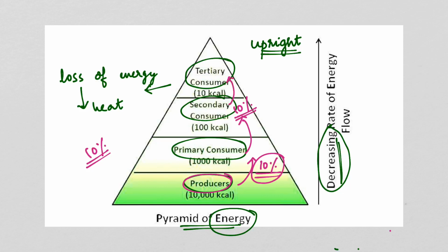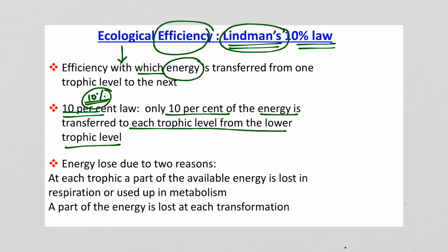Then from here only 10% by the tertiary consumer. So the ecological efficiency or Lindeman's 10% law states that only 10% of the energy is transferred to each trophic level from the previous trophic level, and this is because of the energy loss. So loss of energy at each trophic level.